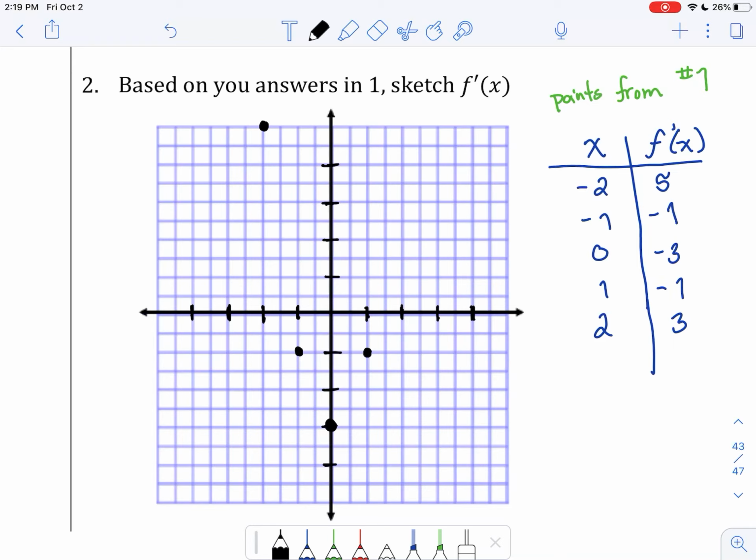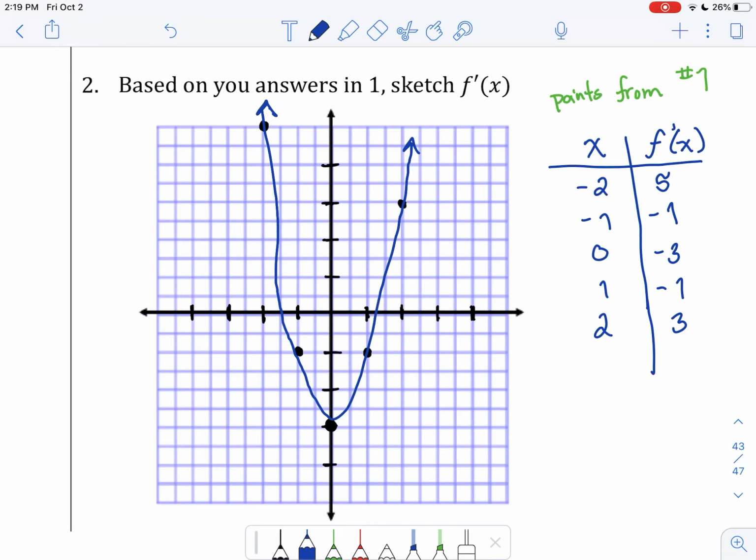All right. So here we have our pairs, and it's just a sketch, so I'm going to come down here, go through the points that I can, and we see that we have a rough parabola, which, very rough, I apologize.